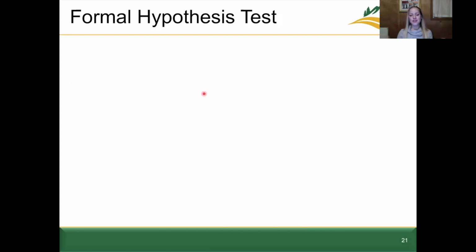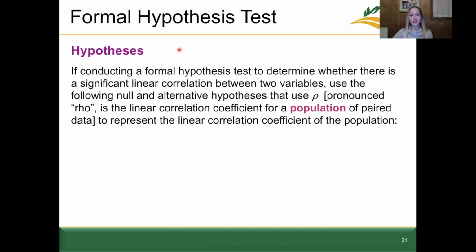So now I've been mentioning in 10.1, we'd use formal hypothesis tests, so let's talk about that now. I also asked if you could predict what our null and our alternative hypotheses would be if we're trying to prove if we have a correlation or we don't have a correlation. So if conducting a formal hypothesis test to determine whether there is a significant linear correlation between two variables, we use the following null and alternative hypotheses.